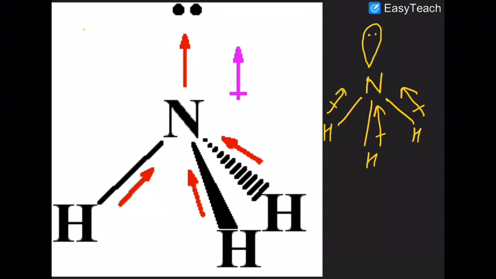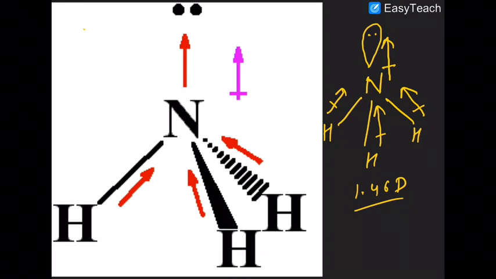Since a lone pair is also present, the moment is towards the lone pair. So here the bond pair and the lone pair moments are additive in nature. So ammonia has a very good value of dipole moment, nearly 1.46 D.